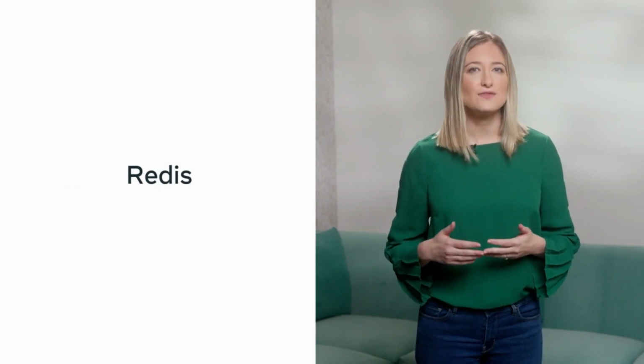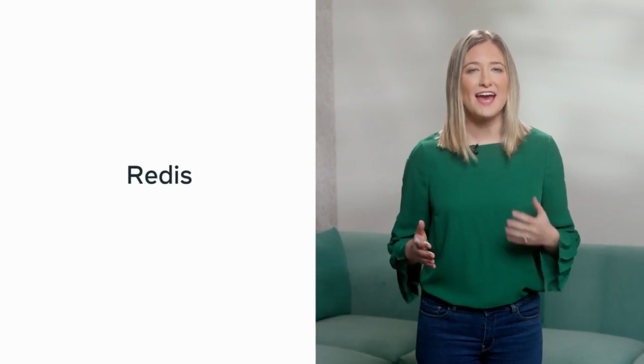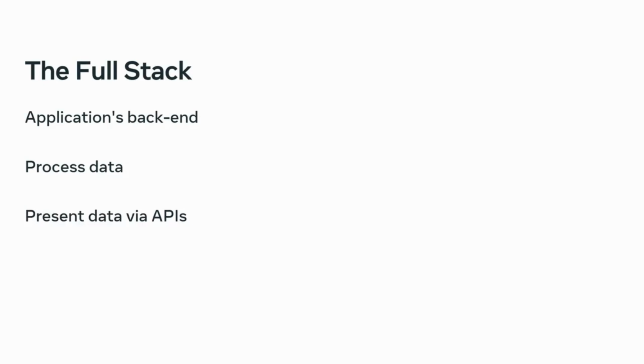Finally, let's discuss the full stack, which is the end-to-end solution for an application. It contains everything you need to create the application's core or the backend, process the data, present it via APIs on web or mobile applications. A full-stack developer is equally skilled in the backend, front-end, and database stacks.